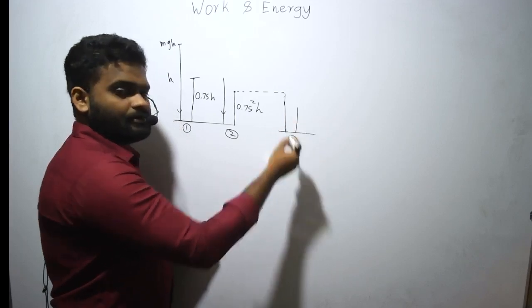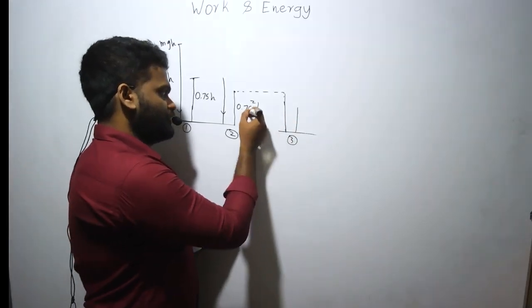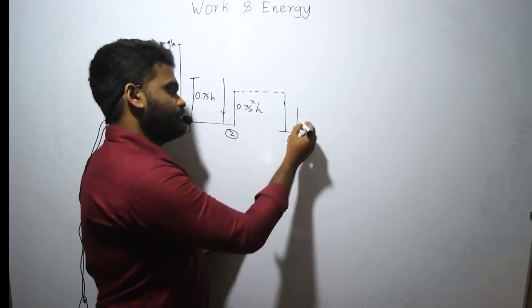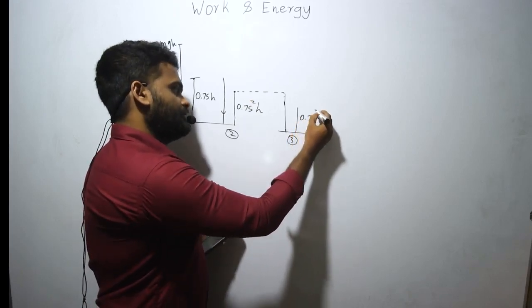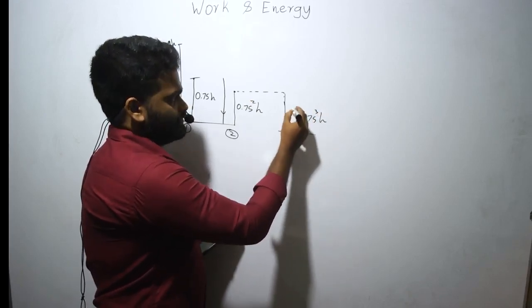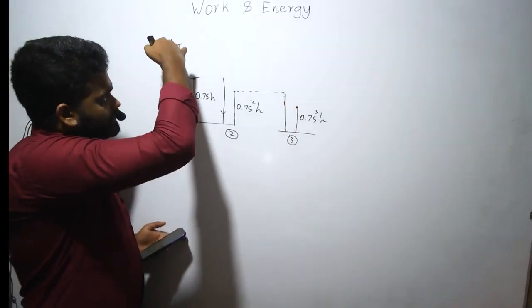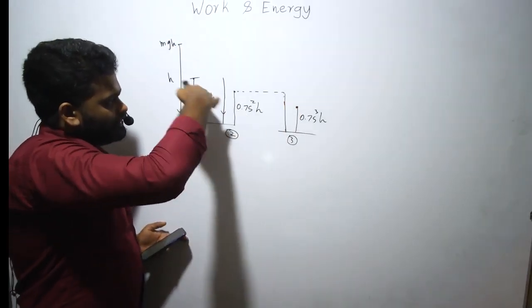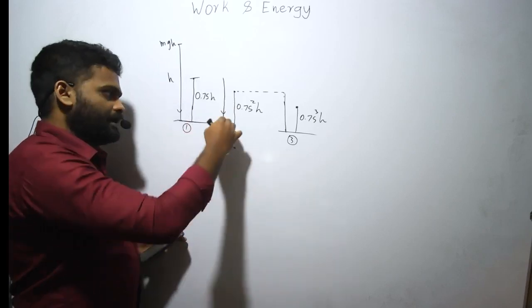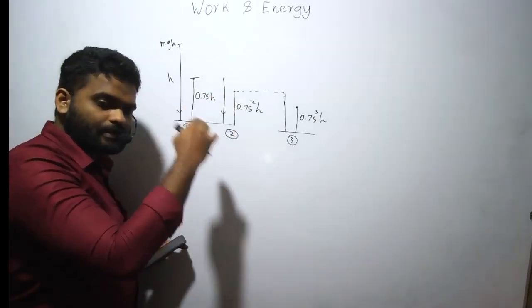So again 75% is remaining, so again you have to multiply by 0.75. So this is 0.75 cube. So it could go up to somewhere here. You can see that the height the ball reaches gradually decreases.